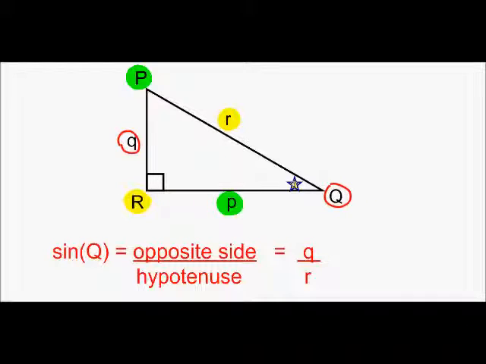So sine of Q is the ratio of the opposite side, so opposite side divided by the hypotenuse. So in this case, q divided by r. And q is the opposite side. We can draw that arrow going straight out. It does not touch it. So the opposite side divided by the hypotenuse is sine of Q.